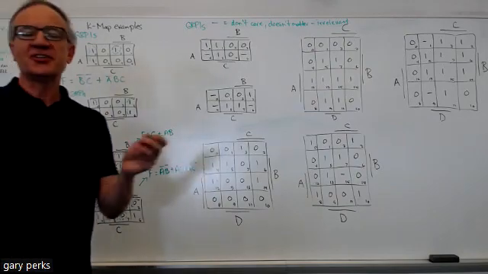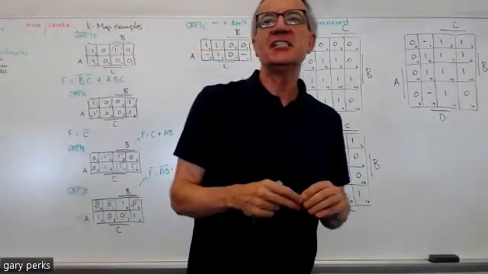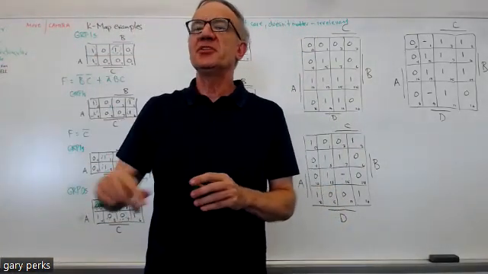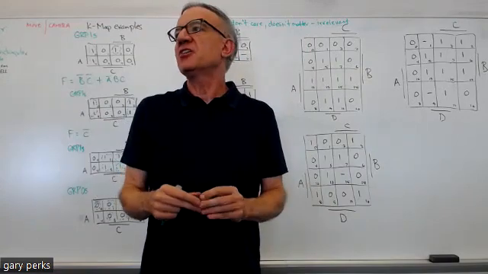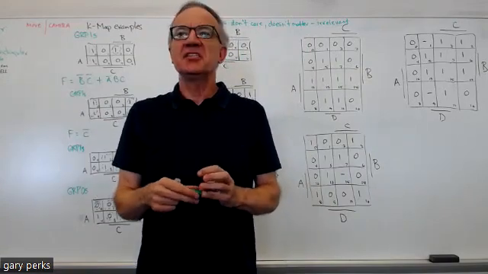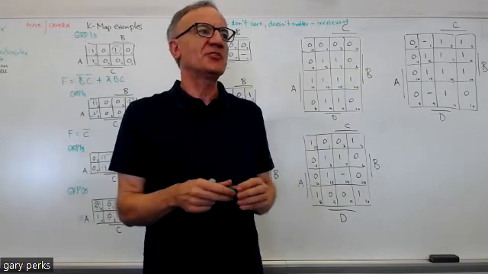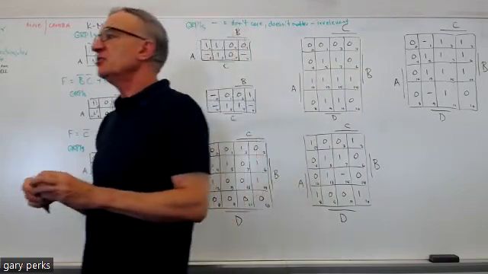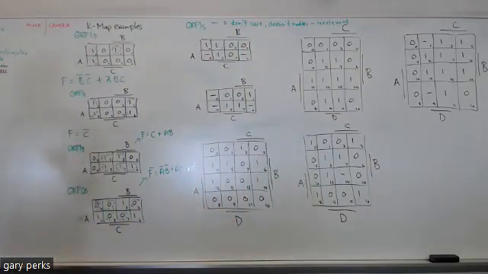Sometimes you'll have a circuit or some sort of digital device that has multiple outputs, and you're not using all the outputs. There's nothing that says you have to use all the outputs that are available. So if I'm not using an output, if it's not connected to anything, it's going to be either a 0 or a 1, but I don't care what it is.